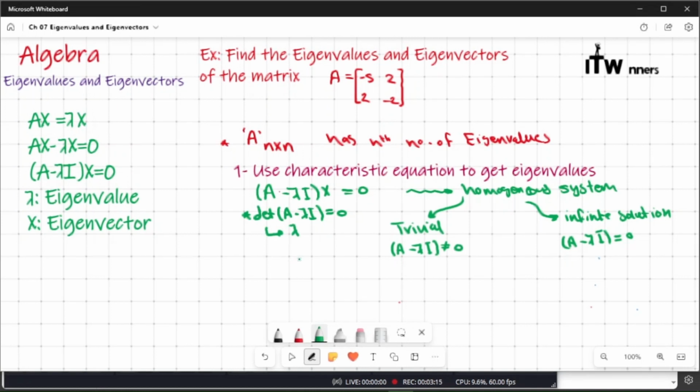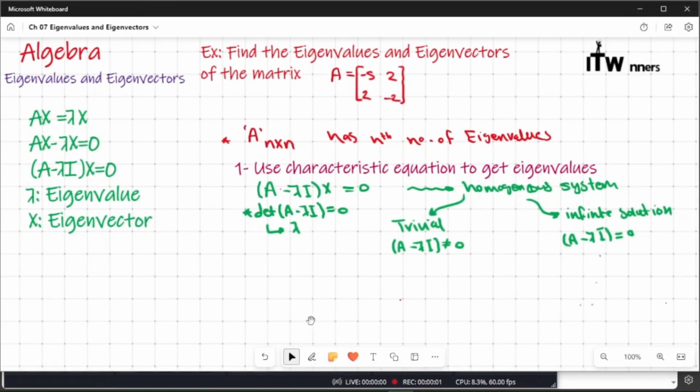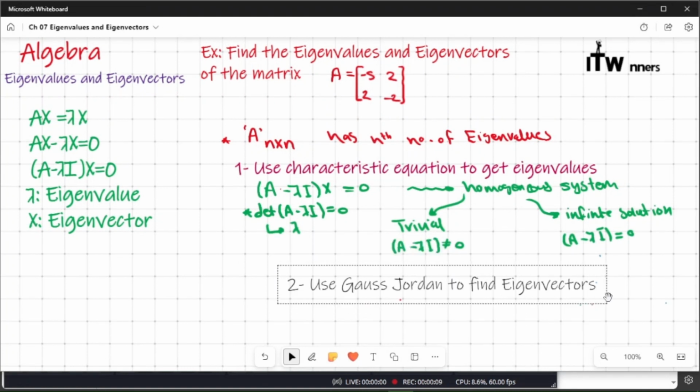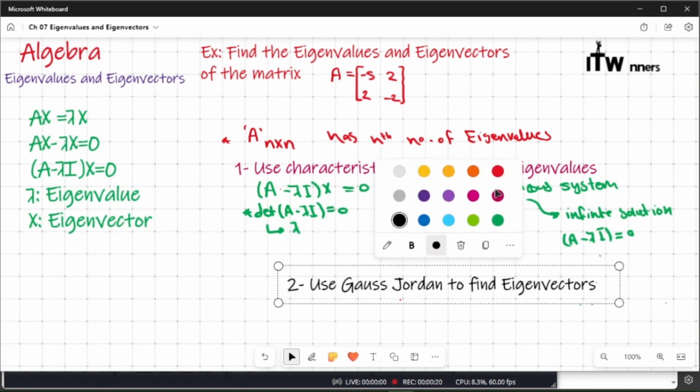The next step is to use the Gauss Jordan method to find eigenvectors.